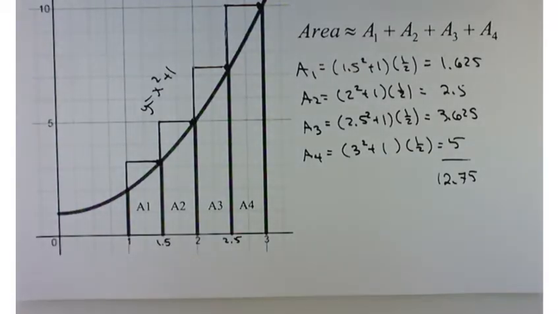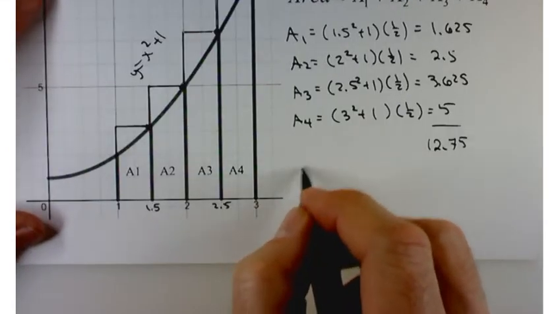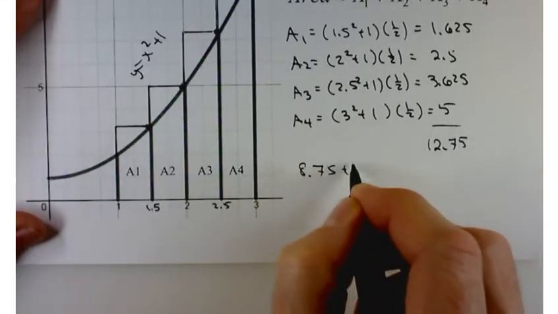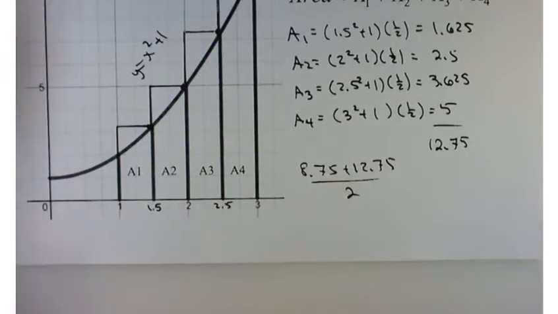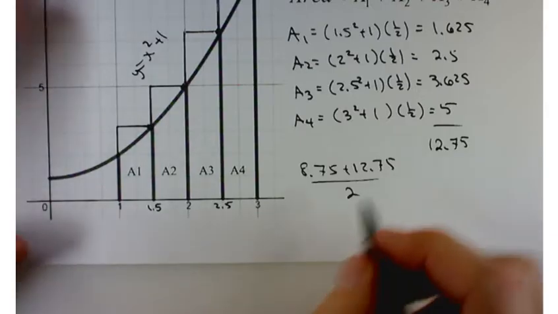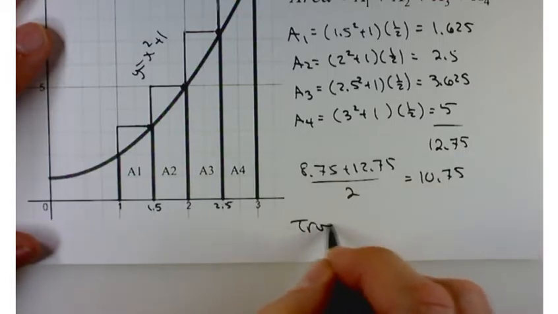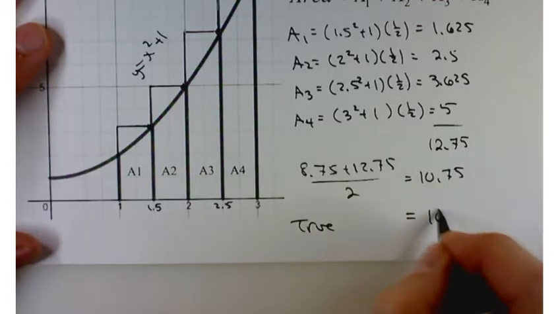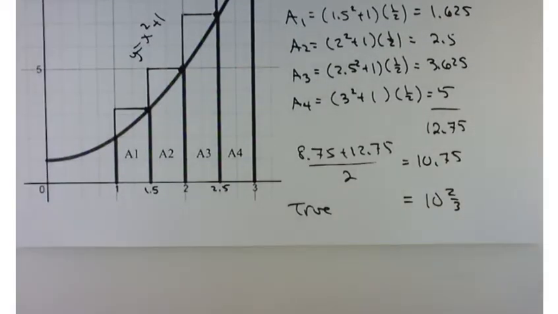Using the midpoint is actually equivalent to what you would get if you averaged these two together. So if I take 8.75 plus 12.75, add them together and divide by 2, it gives me 10.75. The true answer is 10 2/3. So not too bad. Not too bad at all if you average these things.